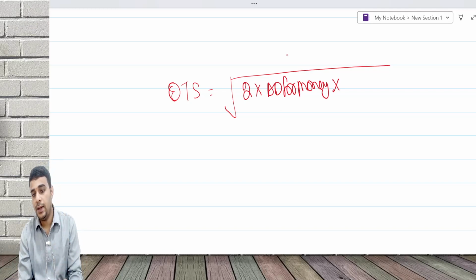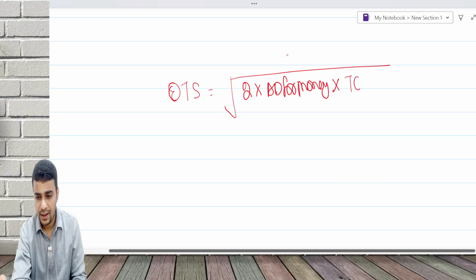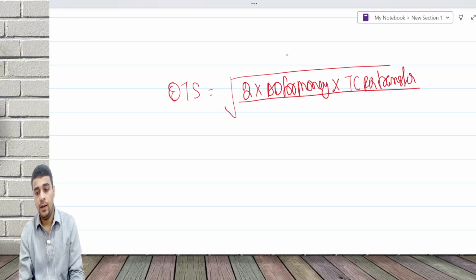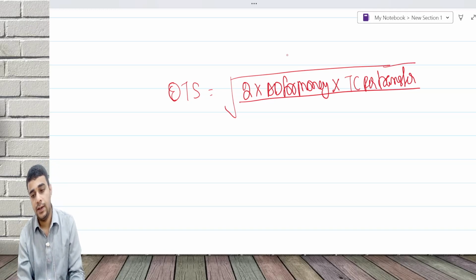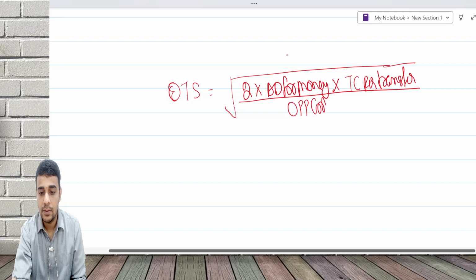There you used to have annual demand for raw material, into transaction cost per transfer, divided by opportunity cost per rupee per annum.